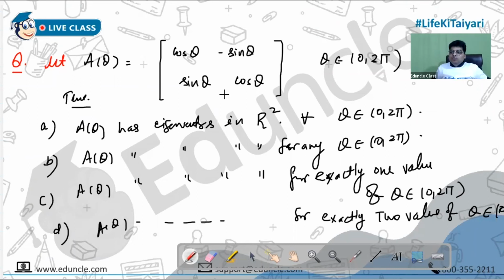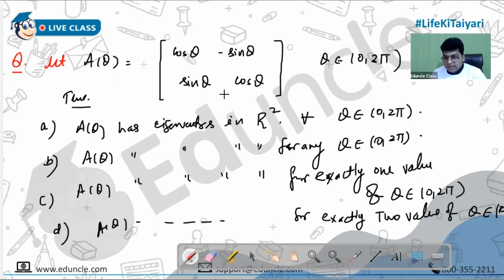Now student, you know this is a matrix which is orthogonal. Yes or no? Orthogonal matrix has real eigenvalues. Sir? Yes. I think the theta for which the determinant gets +or -1 will be the answer.